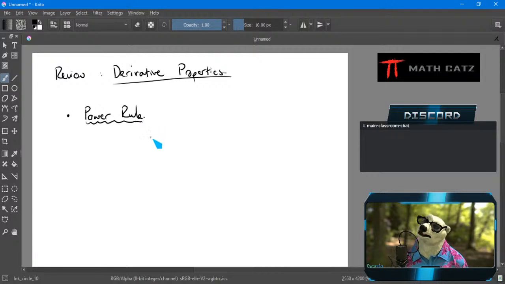It's just a little bit difficult to do in general. So we looked at some specific examples, easy versions of powers of x, though this power of x can be absolutely any real number.